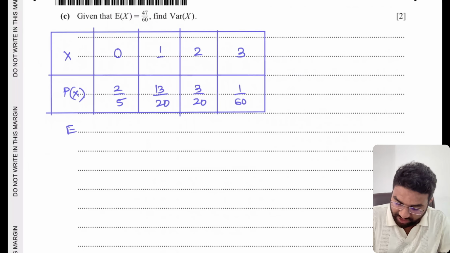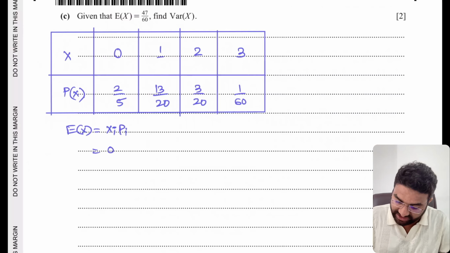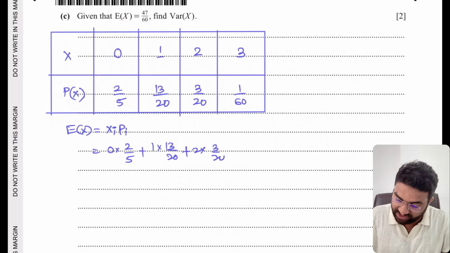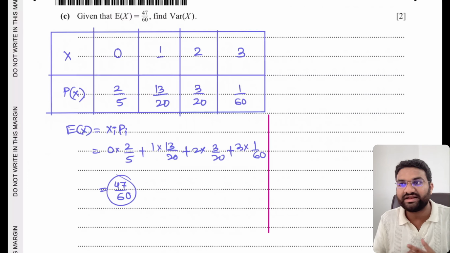So E of X is equal to the sum of xi times pi. You just multiply 0 times 2 by 5 plus 1 times 13 by 20 plus 2 times 3 by 20 plus 3 times 1 by 60. So it's 47 by 60. This is what we have to do to calculate E of X.